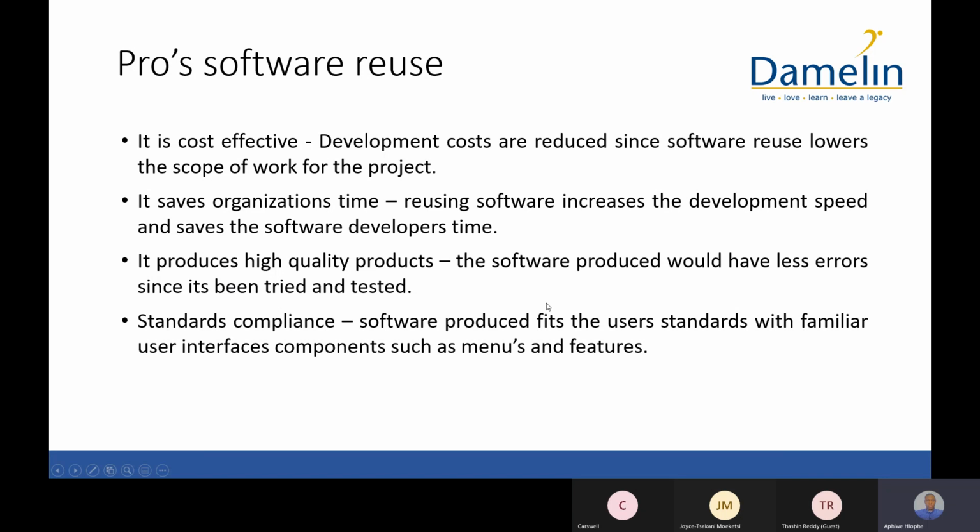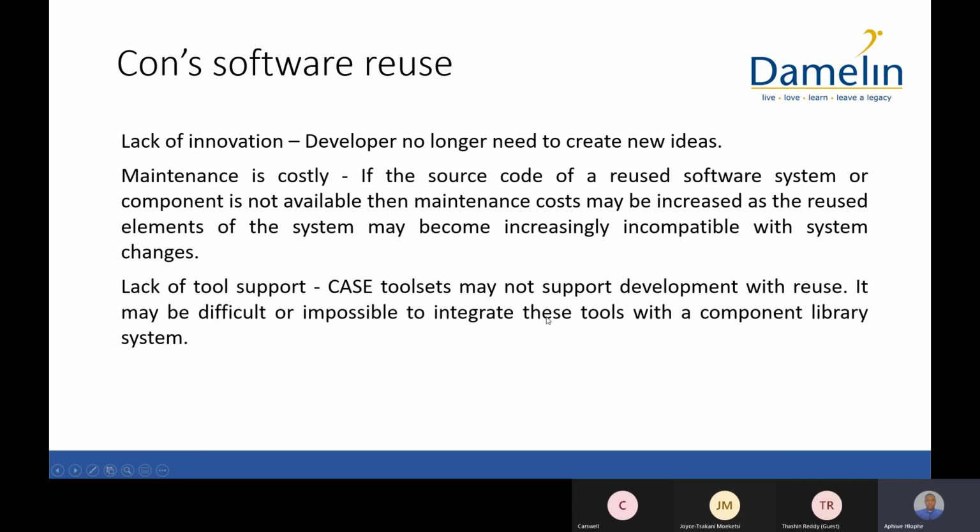So what would then be the disadvantage of software reuse? We say lack of innovation. Developers no longer become creative or come up with new ideas because everything they're building is not originally from them.